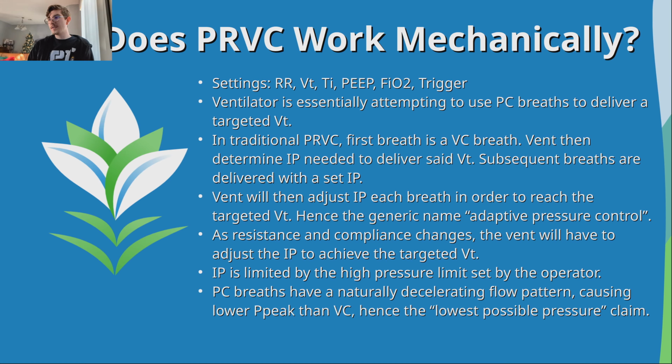Some vents are going to limit the inspiratory pressure to 5 below that alarm. Some vents are going to limit it to 10 below. So your high pressure limit is almost like another setting on the ventilator, because that's basically your maximum inspiratory pressure setting. But your inspiratory pressure could be anything under that.